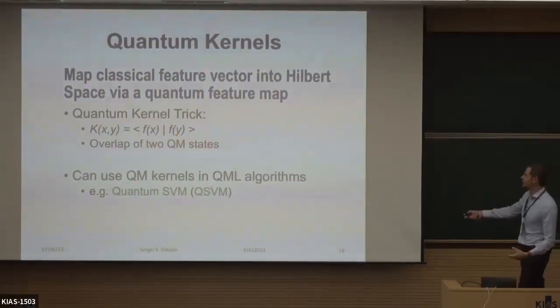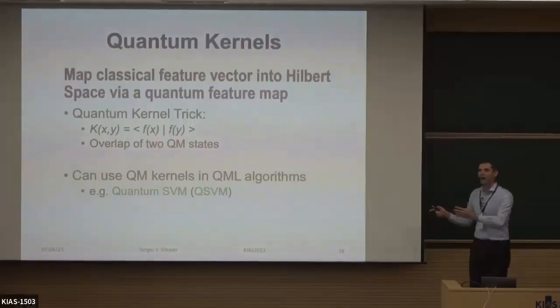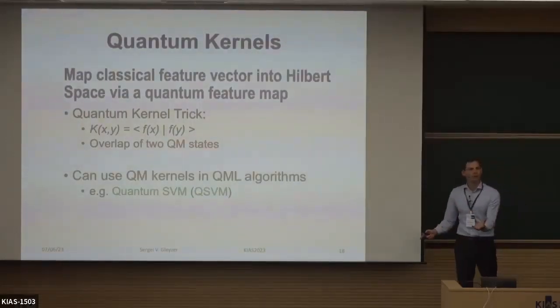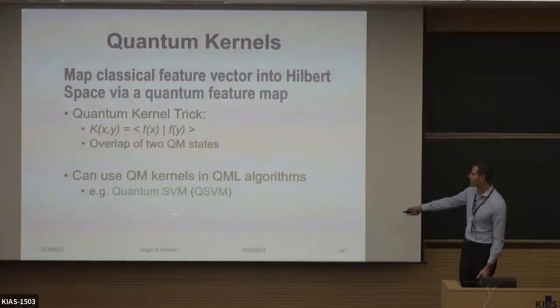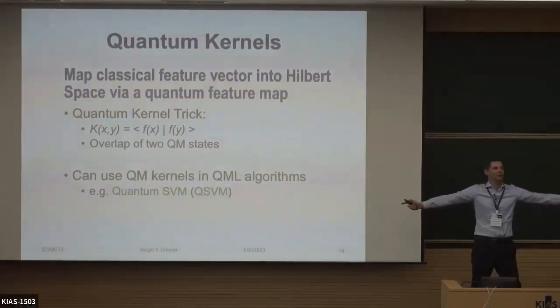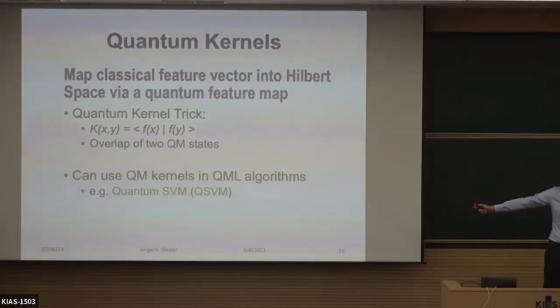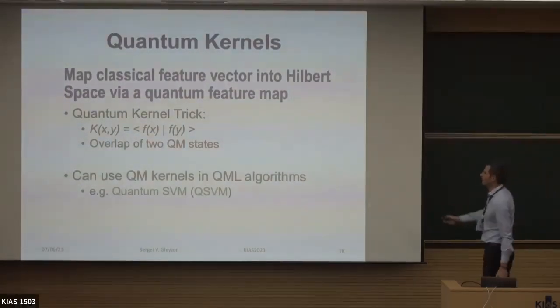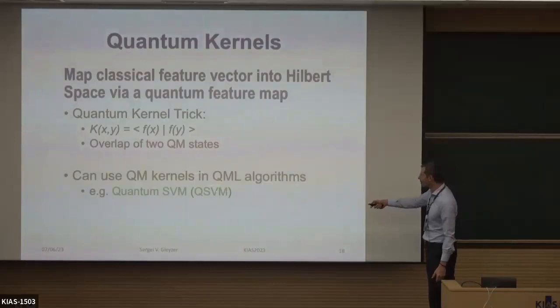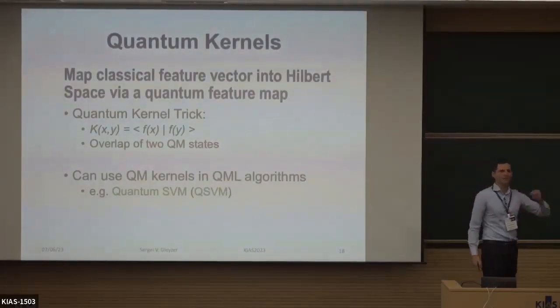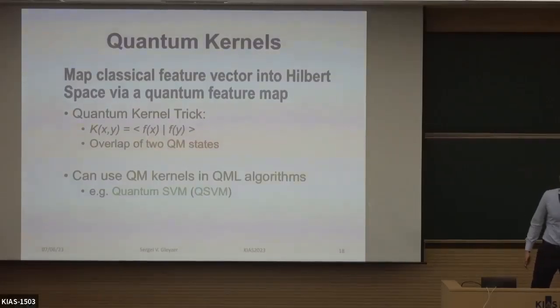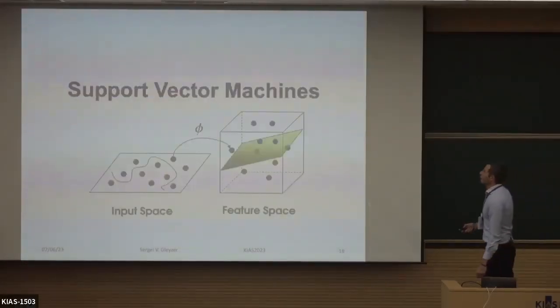You may be able to just say, I'm going to keep my SVM algorithm the same, and all I'm going to do is use my quantum computer or quantum circuit just to compute these kernels. That's all. And it's going to be more efficient, and I can just make that work. It turns out you can do more than that, but this was certainly one of the first natural extensions from classical into quantum.